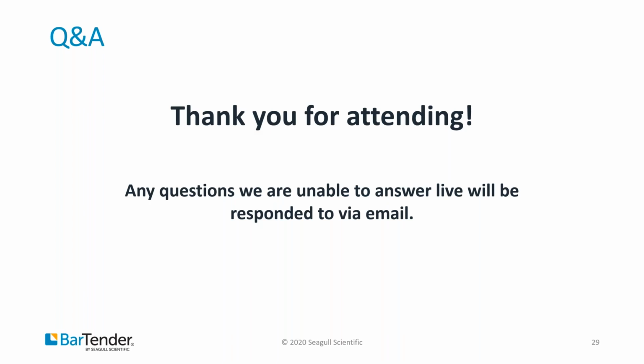I would like to know if there are features in BarTender 2019 that are now only available in higher editions of 2021. For example, you can do X in Automation, and now it is only available for the Enterprise edition. Yeah, I can take that question.